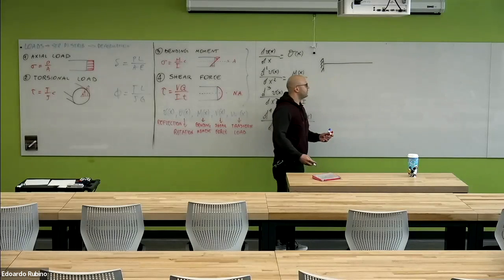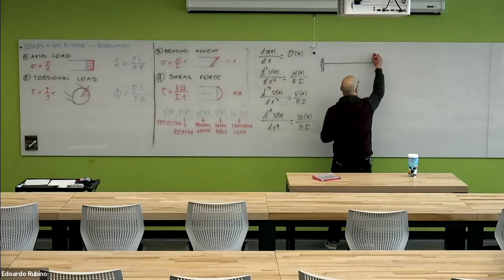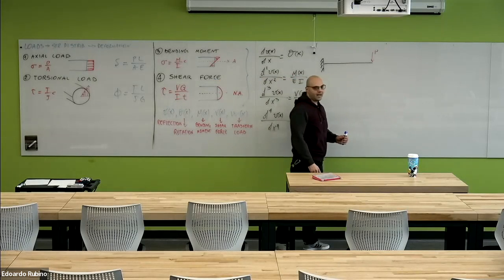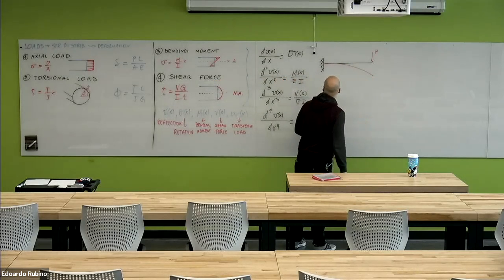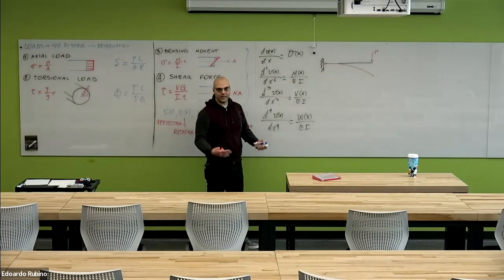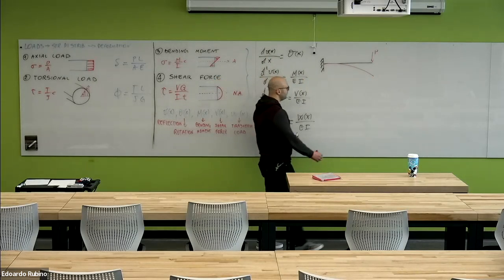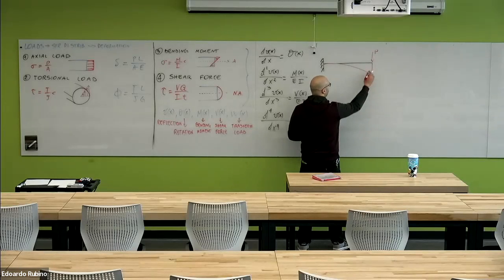So, for example, if we have a cantilever beam and we apply a certain load, let's say P, we will have a deformation. In this case, it would look like this. And this deflection here, which is basically the quantity that we are interested in when we want to look at the deformation due to a certain transverse load, would be this distance here, from this point to this point, at this value of the axial coordinate.